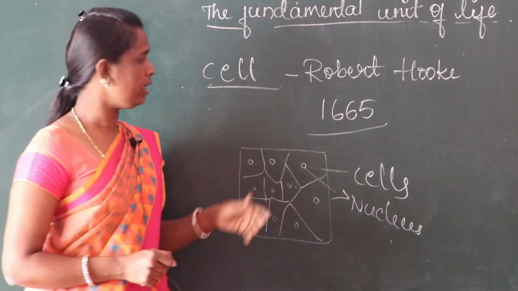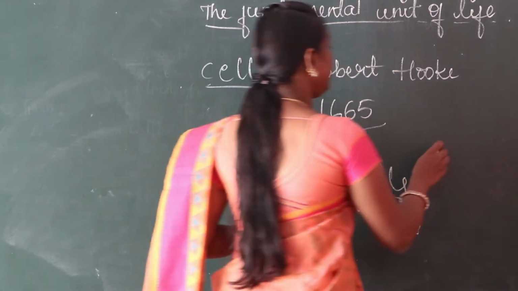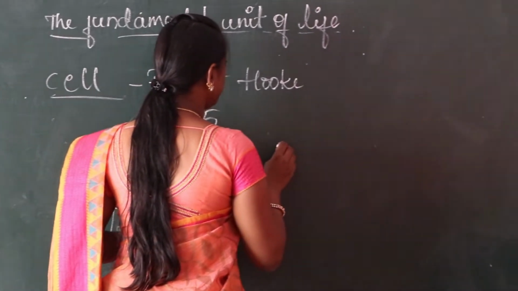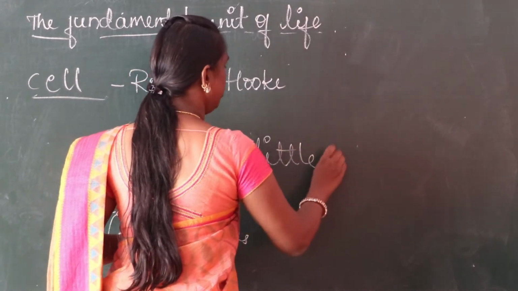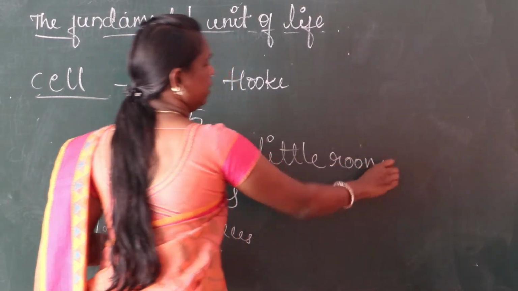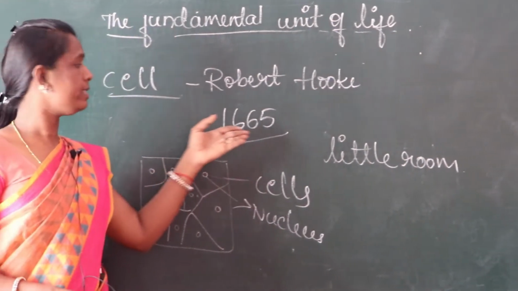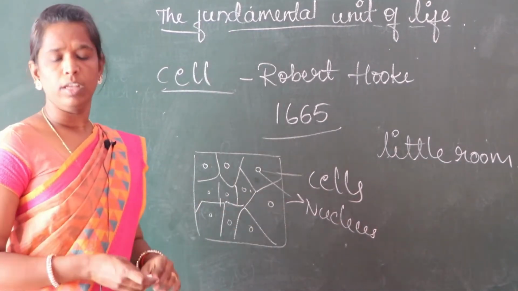In Latin, the word cell means a little room. So the cell was first discovered by Robert Hooke in the year 1665, and later he named it cell.